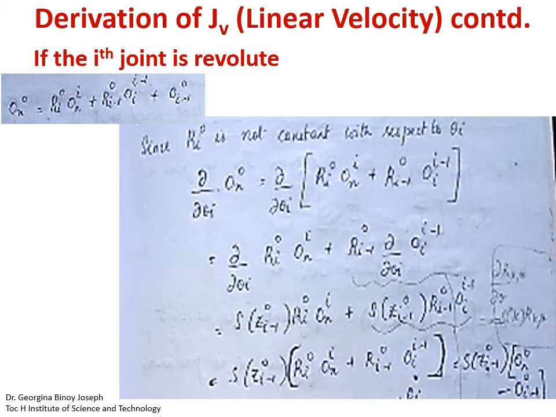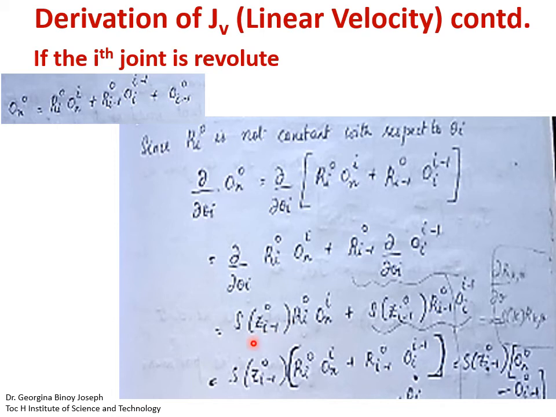Okay. So now we come back to the results that we learnt in part 1 of velocity kinematics. What is that? If you have dou by dou theta of R_x(theta), it is equal to S(k) R_k(theta). Remember that? So from that relationship, we can use that relationship to do this derivative. So we can say S(z_{i-1} to 0) R_i to 0, o_i^i. Why z_{i-1}?